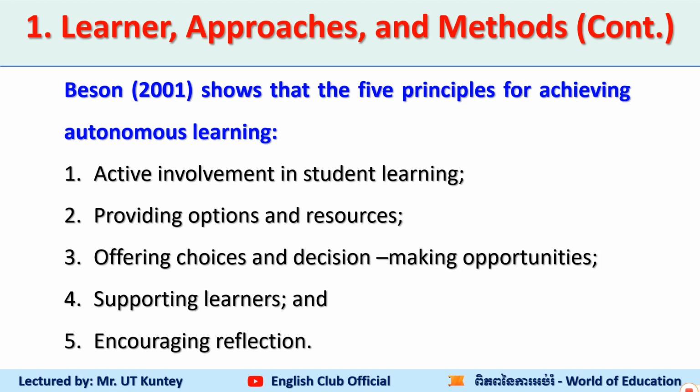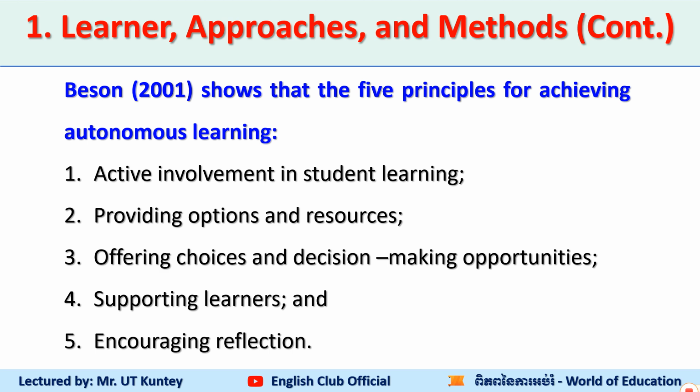Whenever you start teaching, you have to offer choices or let the student make decisions about his or her learning in the classroom or outside the classroom. Sometimes you have to give them the privilege of decision-making opportunities.